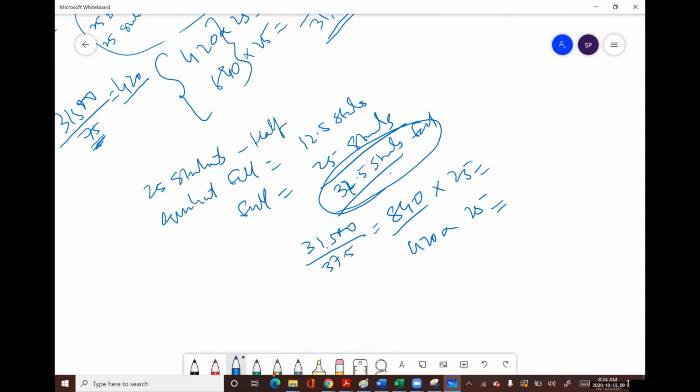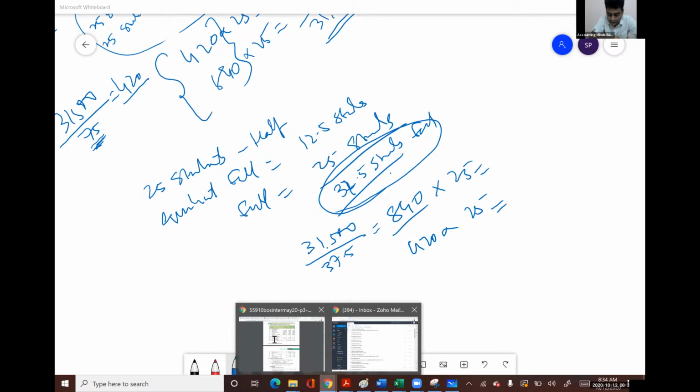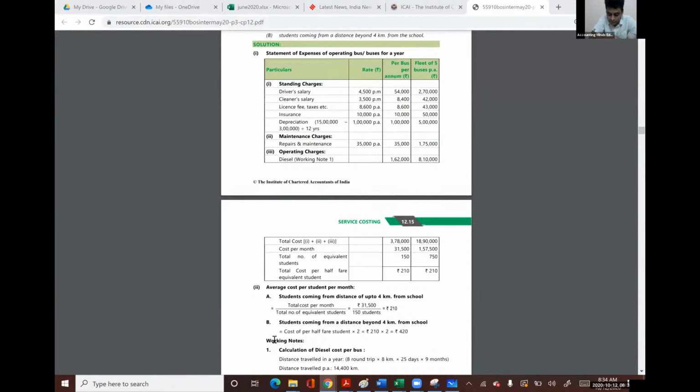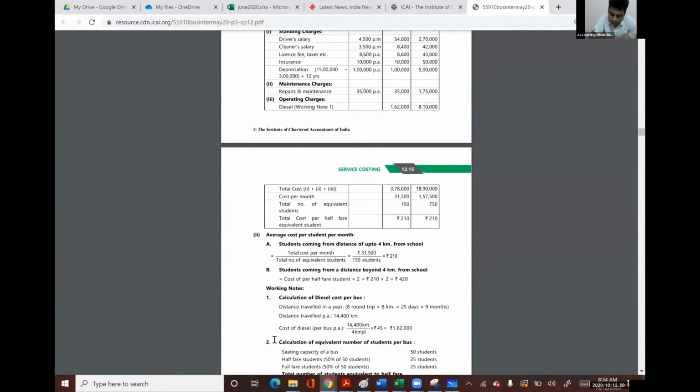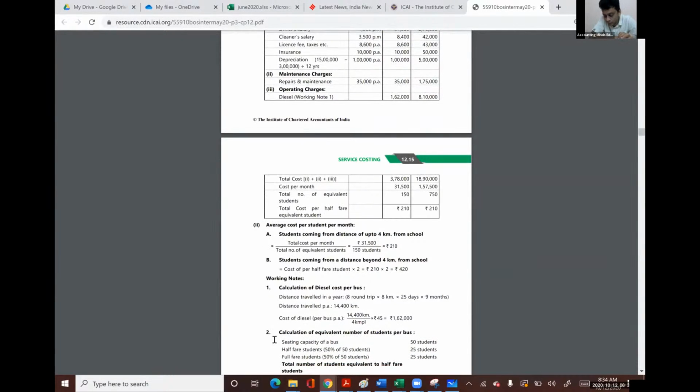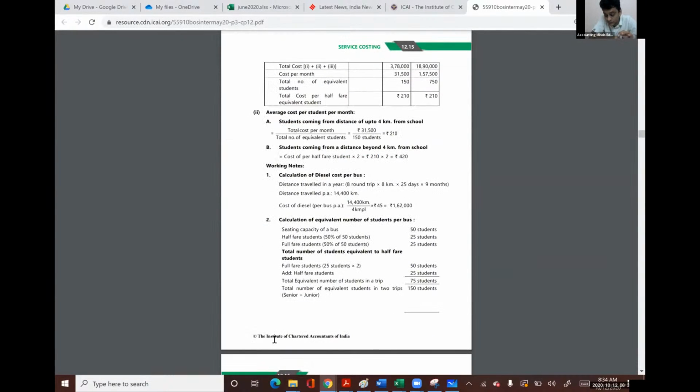Right? So what is the equivalent over here? The equivalent here is what they have calculated. Like you have said, the 75 students is the equivalent half-fare students.